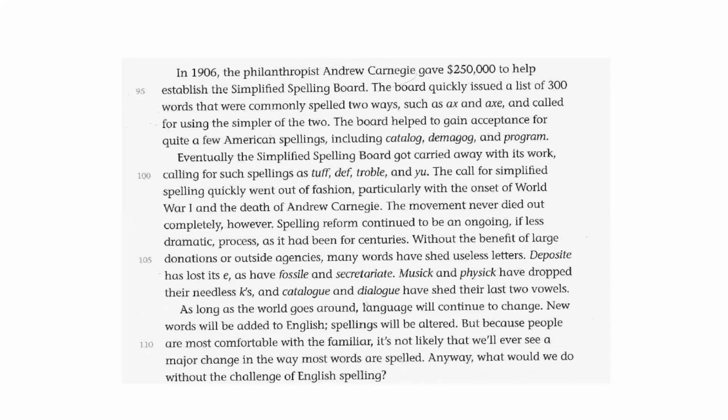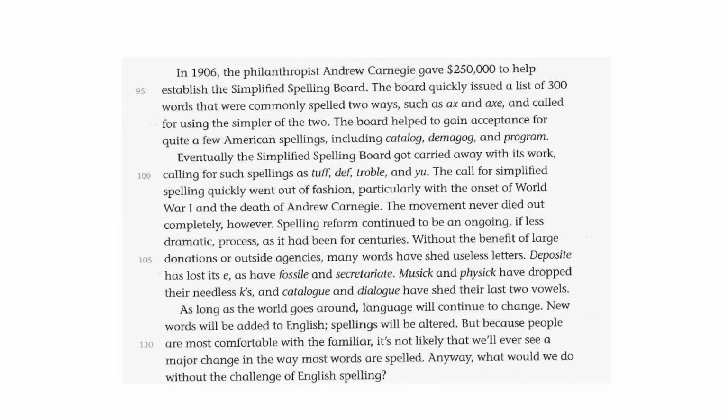Pizza came from the area of Pisa, Italy, which is spelled P-I-S-A, but in English, we put two Z's. It's not the way you'll see it in Italy. So again, spellings will be altered, which means changed. But because people are most comfortable with the familiar, it's not likely that we'll ever see a major change in the way most words are spelled.